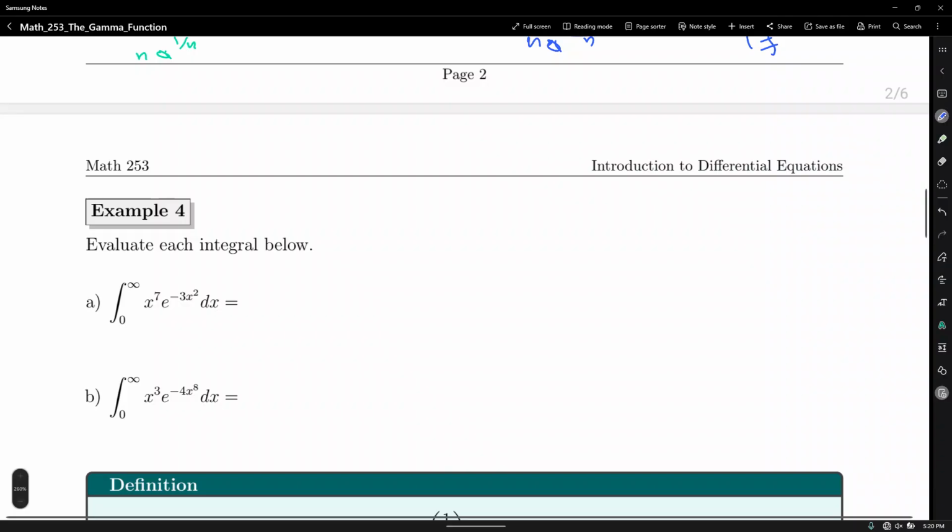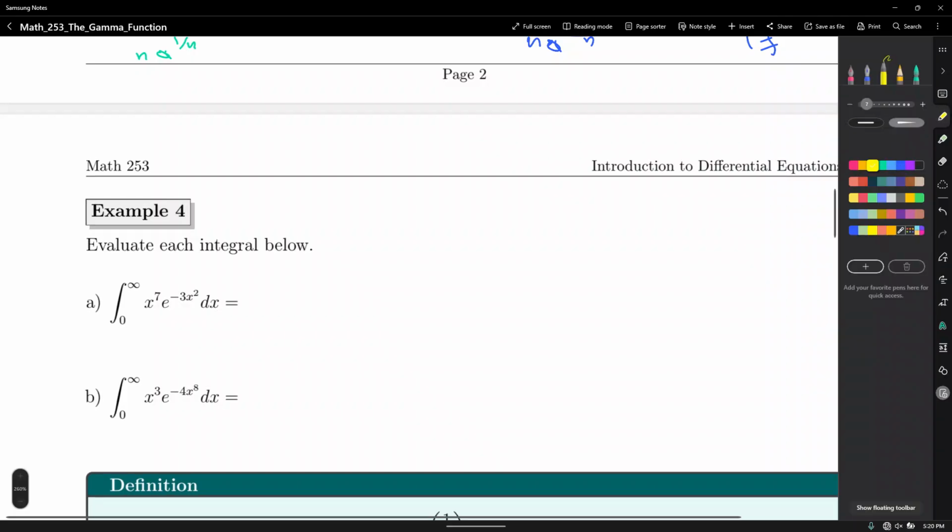M is the power of x, which equals 7. A is whatever multiplies the exponential without the negative sign, that is just 3. And n is the power of x in the exponent, in this case 2. That's all you need. All you need to do is substitute into that gamma function formula.